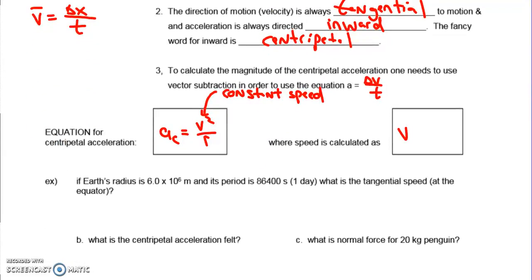So when we talk about velocity for something going in a circle, it's the circumference divided by how long it takes to go around once. We call that the period. And you know from your math class that the circumference of a circle is 2 pi times r. So this is 2 pi r over T.